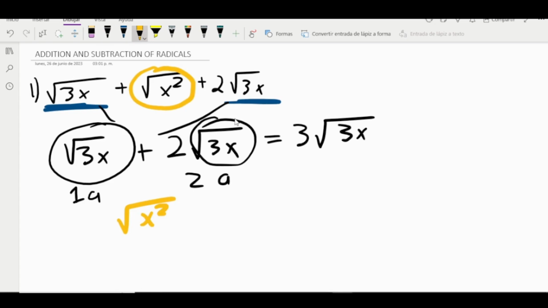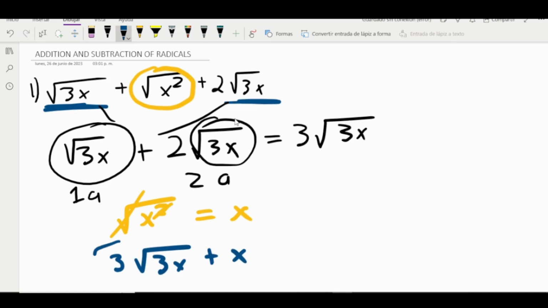Here we have the same root and the same exponent, a square, so we can cancel them, and it's only x. Putting it together, the result is 3 square root of 3x plus x.